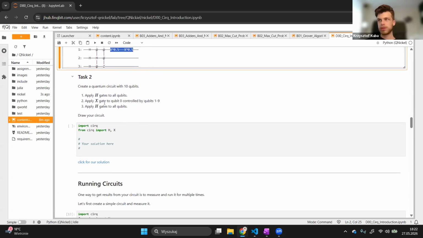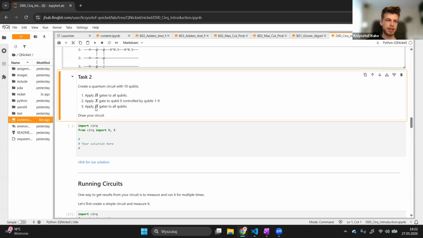So next we have task 2: create a quantum circuit with 10 qubits, apply Hadamard gates to all qubits, then a NOT gate from 0 to 9, and Hadamard gates to all qubits.